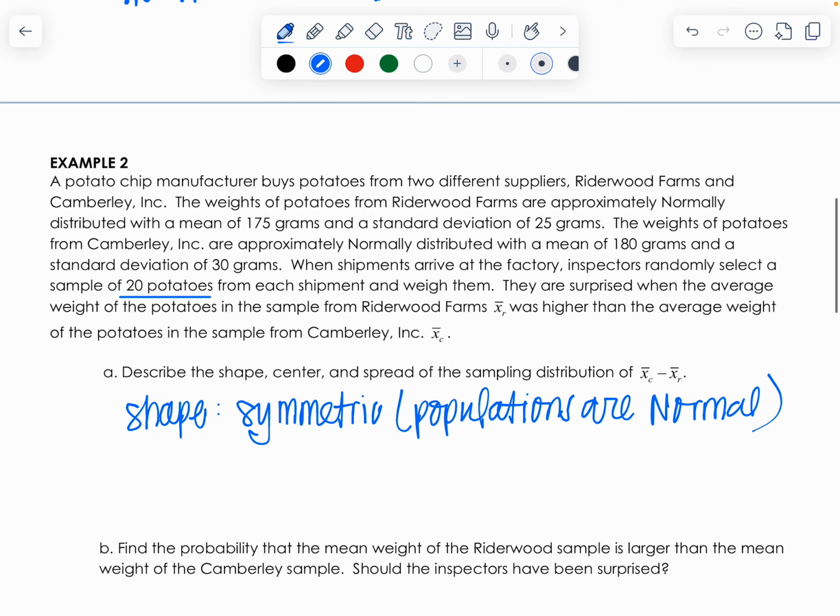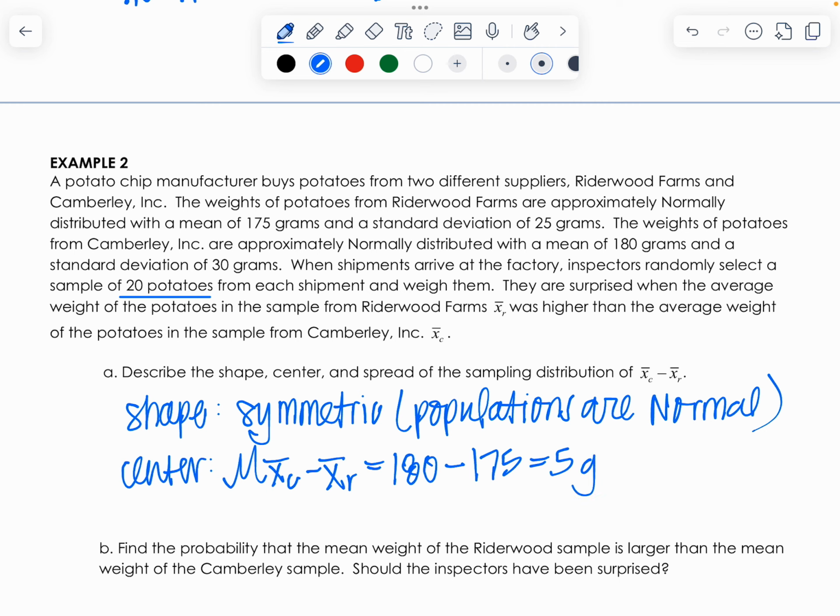Our center is the mean of X bar C minus X bar R, which is the difference in their means. So 180 for Camberley minus 175 for Riderwood is 5 grams.